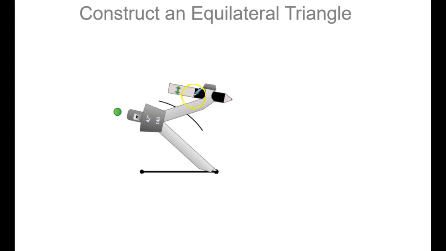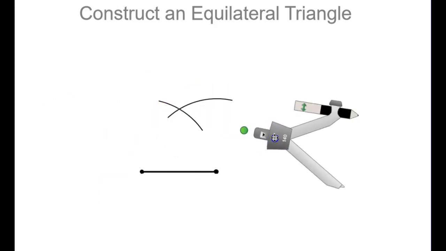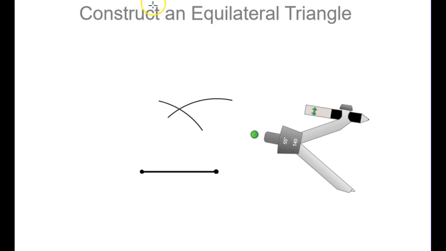Move our compass over here and construct another arc going this way. And now if we make some segments connecting our first endpoint to this intersection, and from this intersection to the other endpoint, now we have constructed an equilateral triangle. All of these side lengths are the same.